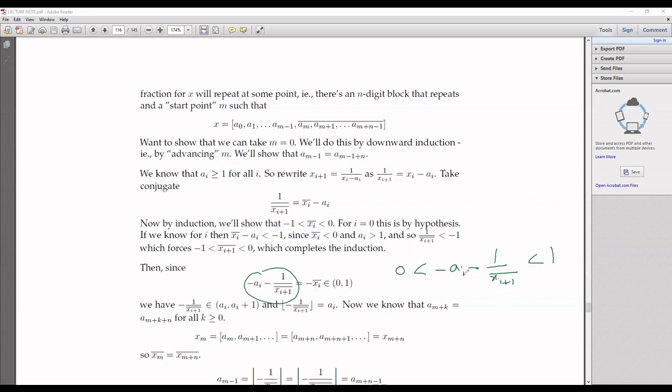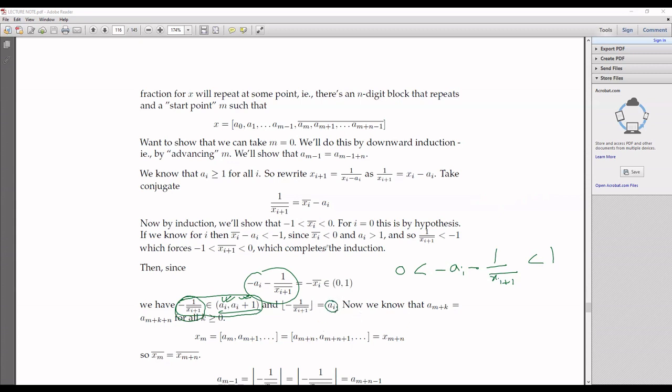On each part, if you add ai and take the reciprocal, you would see that ultimately minus 1 over xi plus 1 bar is in this interval, which would mean ai is an integer, ai plus 1 is the immediate next integer, and our guy is someone that lies in the intermediate interval. So our guy must have the floor value ai, right?